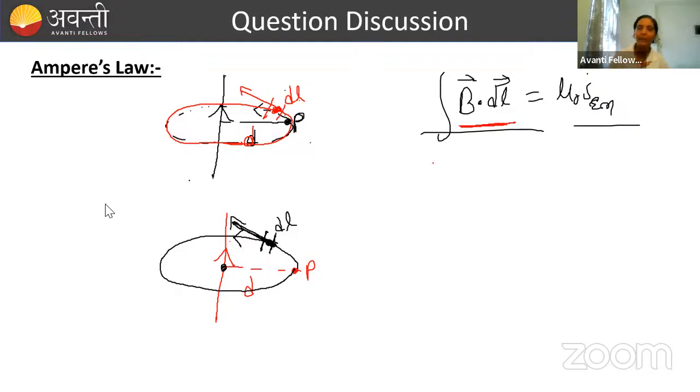So the angle between B and dl is what? Is it 90 degrees or 0 degrees? Let me know. Is it 0 degrees or 90 degrees? What do you say?